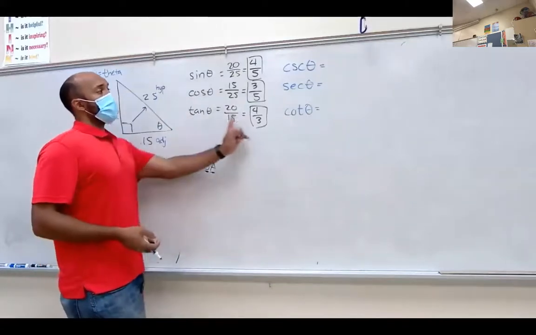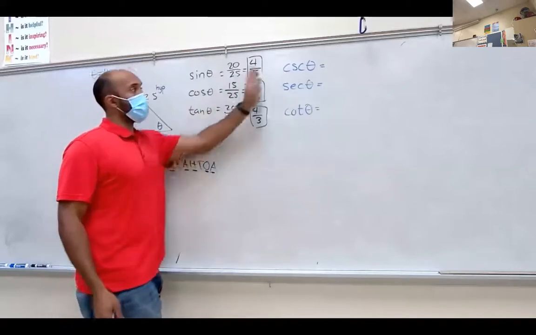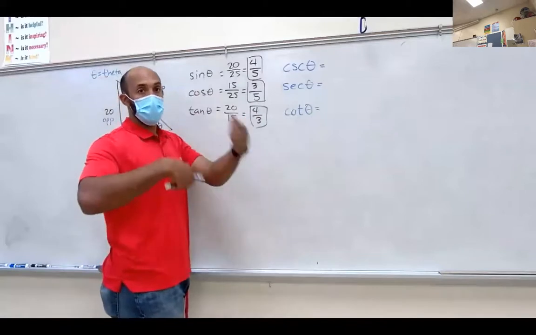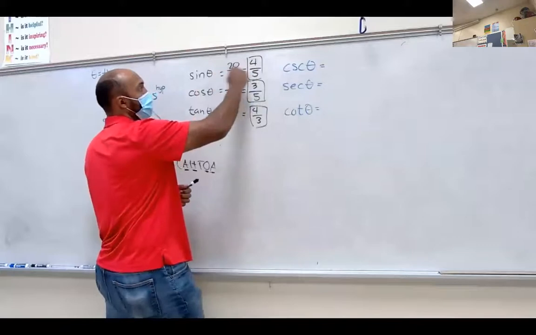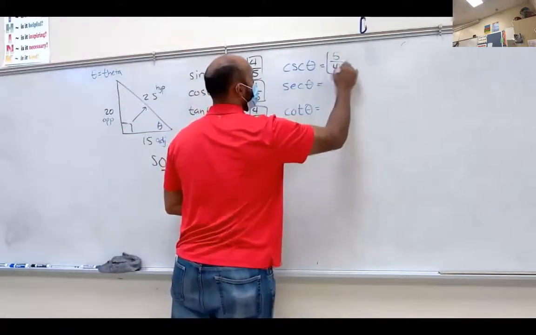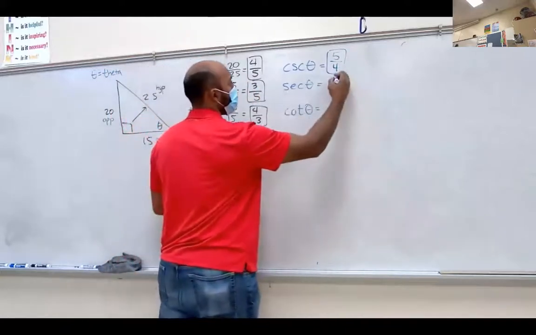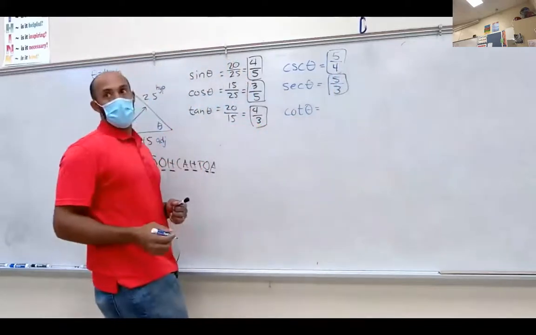Okay, so now as long as you know sine, cosine, and tangent, these ones are just the reciprocal, they're opposite but flipped. So literally, cosecant is sine flipped, 5/4. Same thing for cosine and secant, 5/3. And the last one would be what?